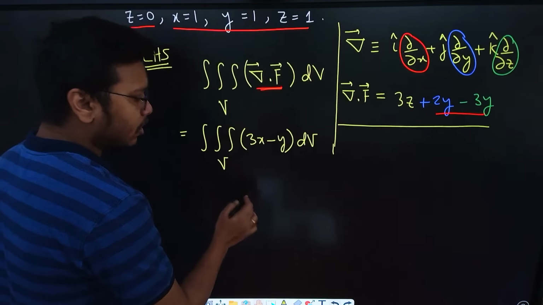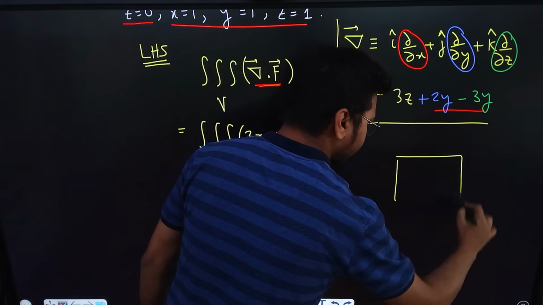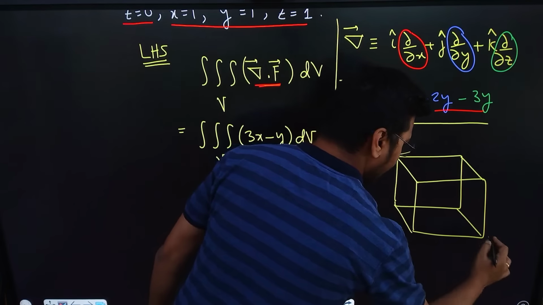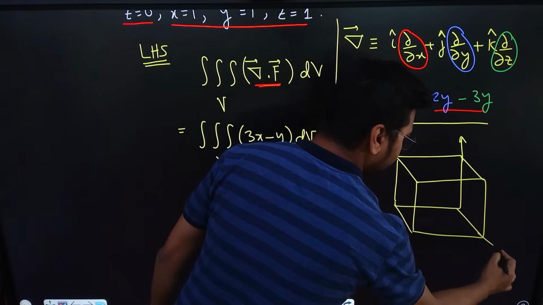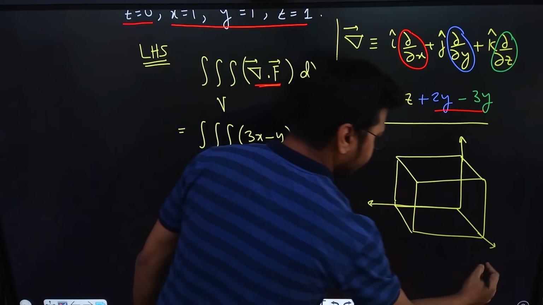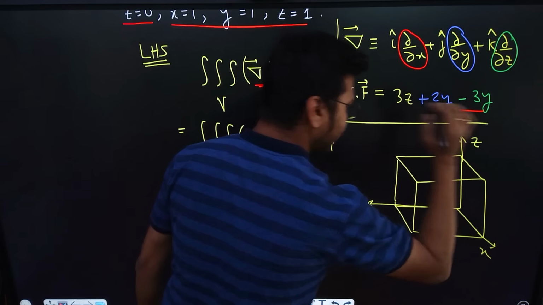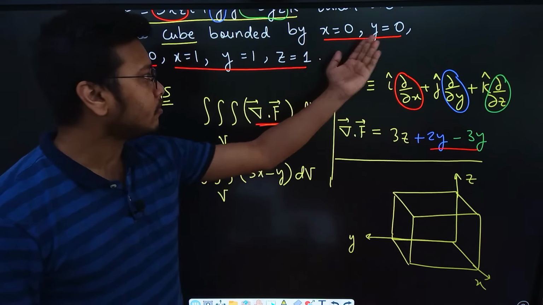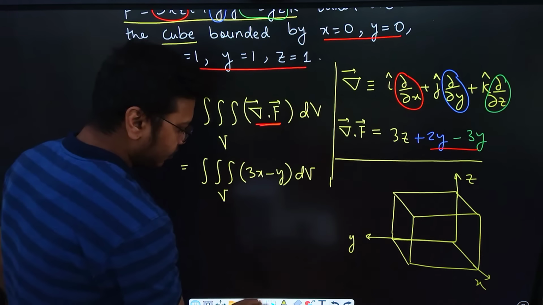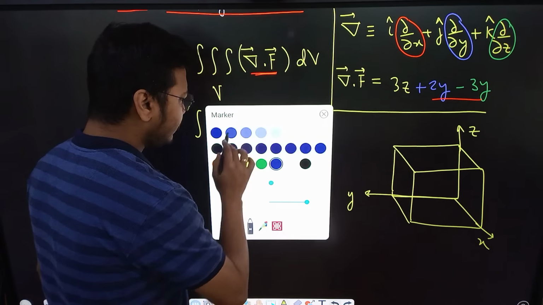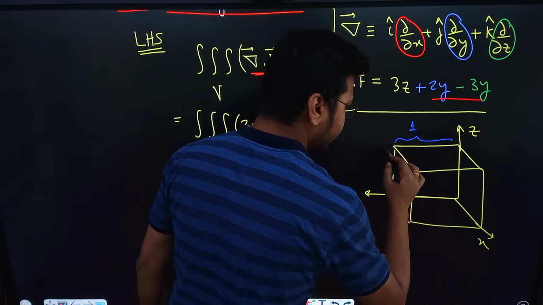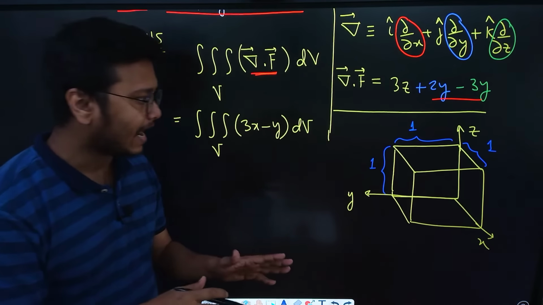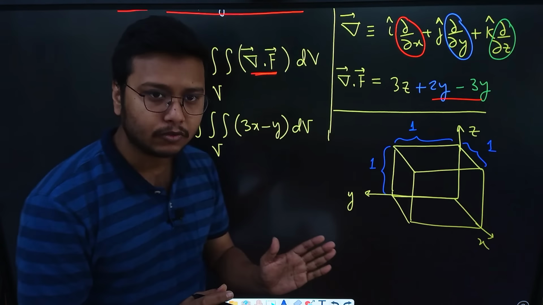Now the cube is going to look something like this. Let's say this is the x axis, this is the y axis, and this is the z axis. It's given that the ranges of x, y and z all go from 0 up till 1, so the length, breadth and height are all 1 unit, because it's a cube with side 1.